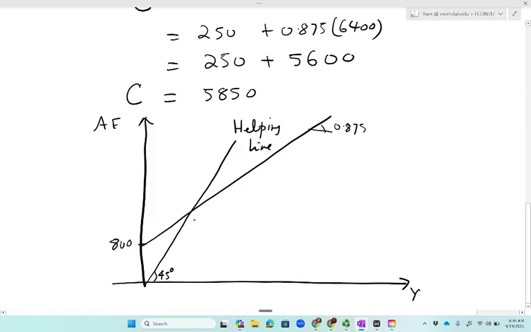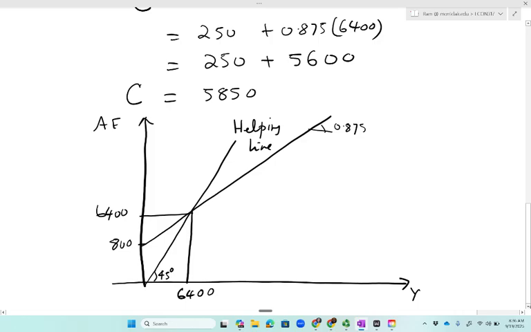The point of intersection tells me the Y value to be 6400 at this level. The aggregate expenditure also turns out to be 6400.